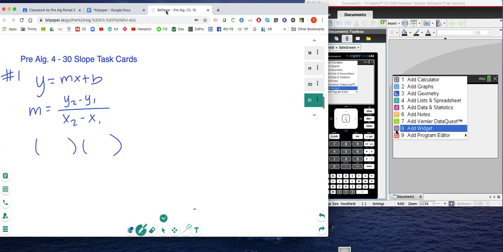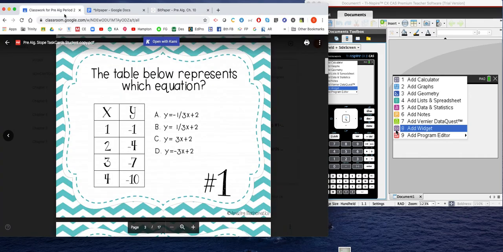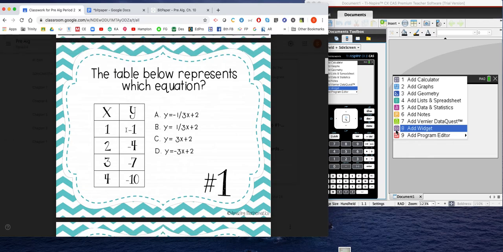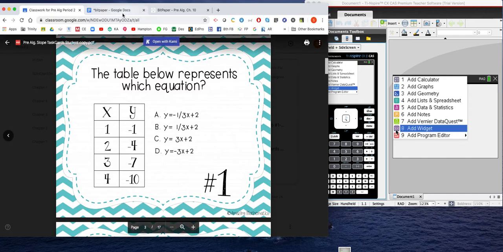So we know that when we have the equation of the line, we have to use y equals mx plus b. M is our slope, b is our y-intercept. So the first thing we're going to do is pick out the 2 ordered pairs on the table that we want to use. So we're going to use (1, -1) and (2, -4).